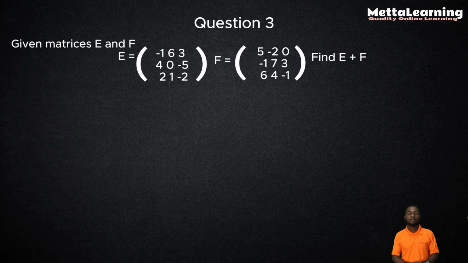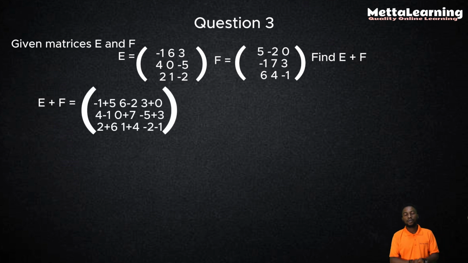So to find the E plus F, that means we are going to add the corresponding elements of matrices E and F all together, in their respective rows and columns. So to add matrix E plus F, we'll be having the values, calling my values in columns, we have minus 1 plus 5, 4 minus 1, and 2 plus 6.